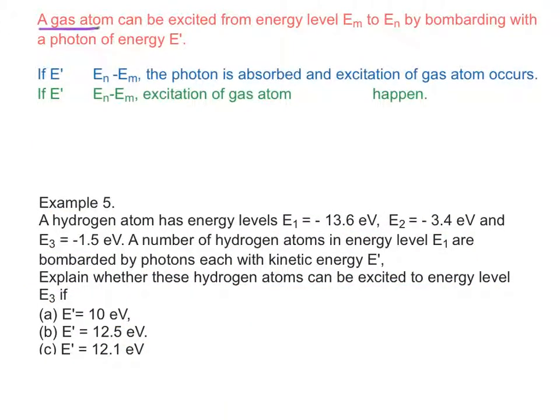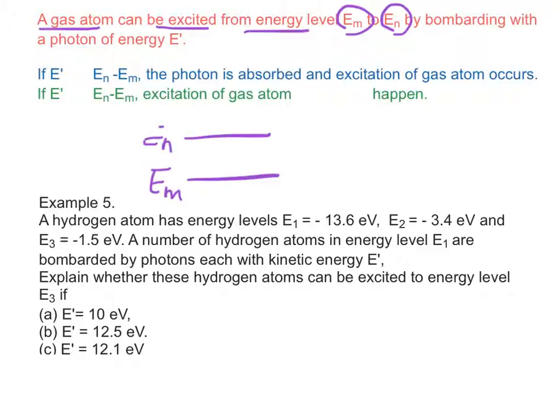A gas atom can also be excited from energy level Em to energy level En by bombarding with a photon of energy E pi.